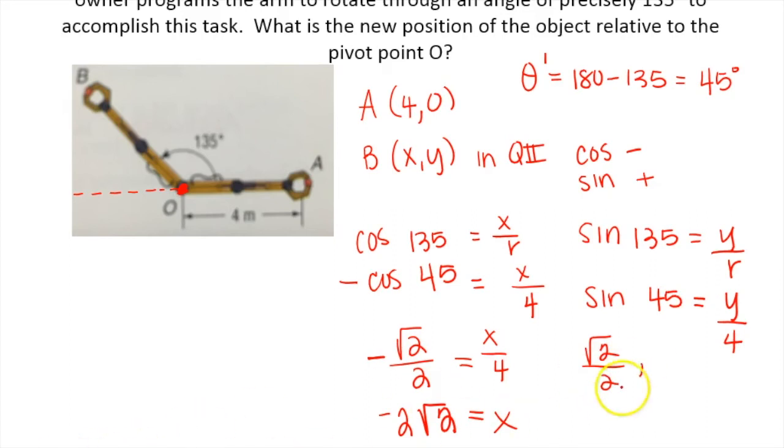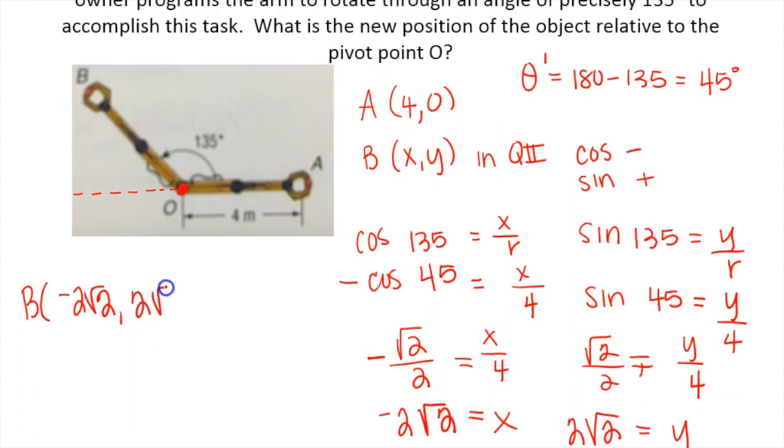So then that is going to be equal to y over 4. Multiplying by 4, I get 2 times the square root of 2 is equal to y. So the coordinate for b is negative 2 square root of 2 and 2 square root of 2.